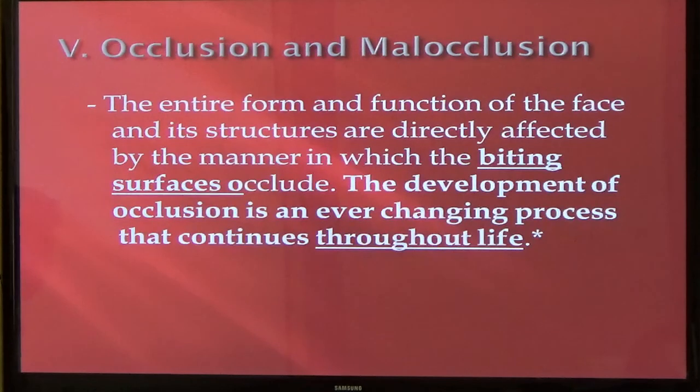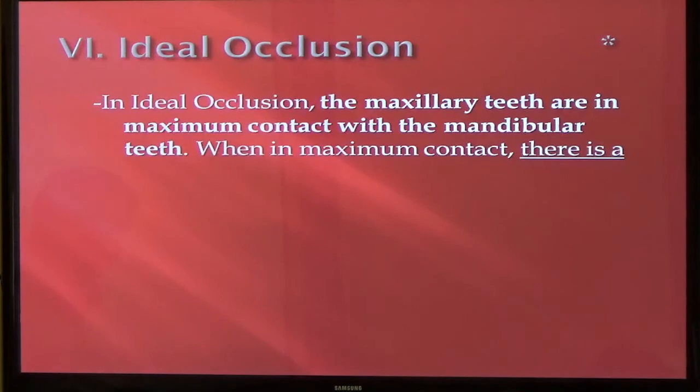That's the word on the test. Is it static or not? It's an ever-changing process. Okay, so there's such a thing as ideal occlusion, the perfect occlusion. And is there such a thing? Not really.